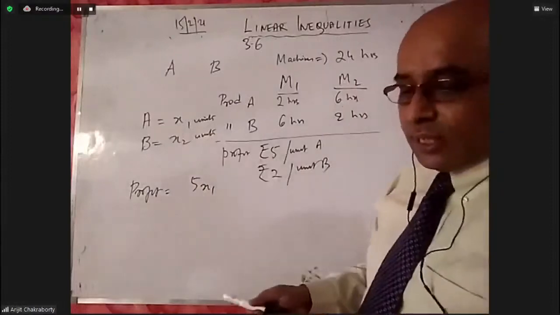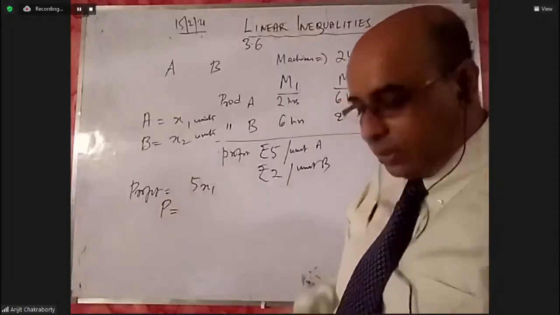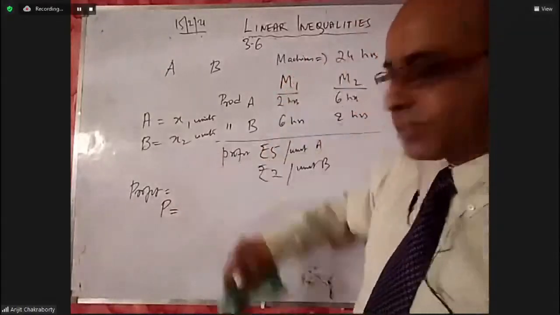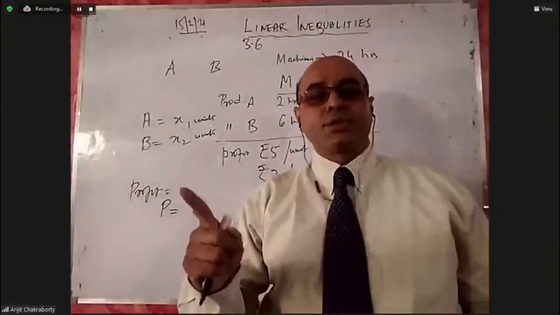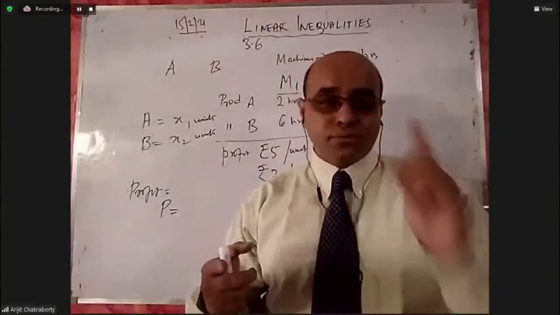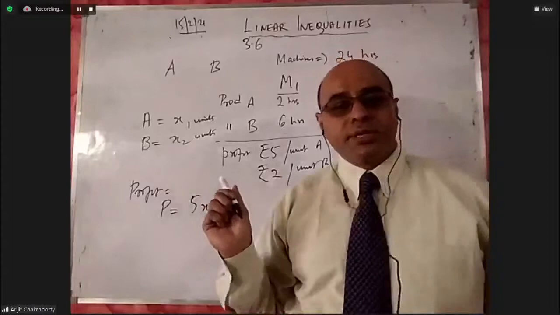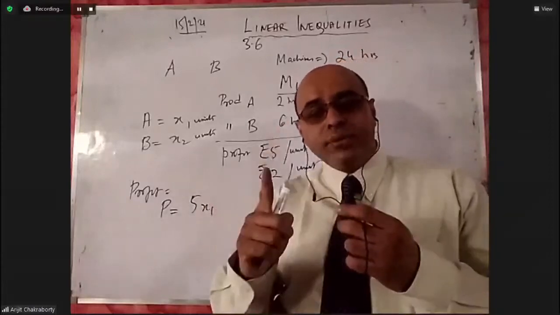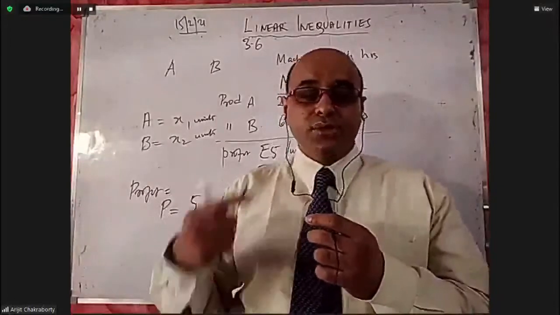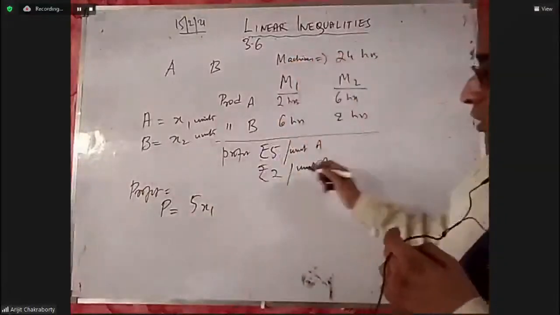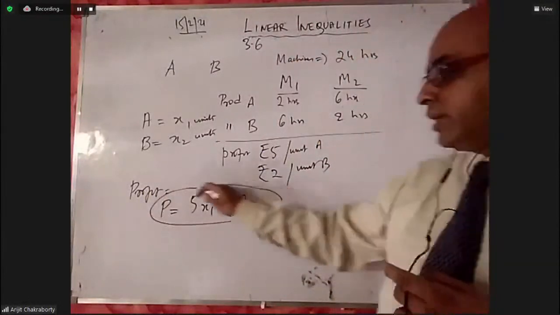So if I write profit as P, what is the equation for the profit? ₹5 for 1 unit, so the profit for X1 units is 5x1. ₹2 is the profit for producing 1 unit of product B, but I am producing X2 units of B, so the profit will be 2x2. So I will write P = 5x1 + 2x2. This has to be maximized.